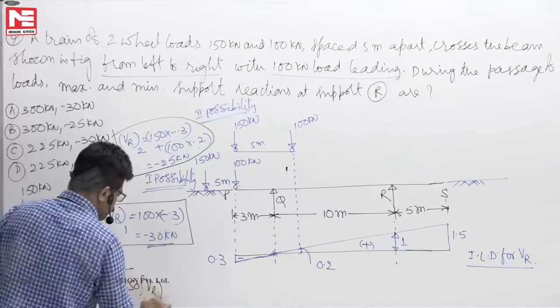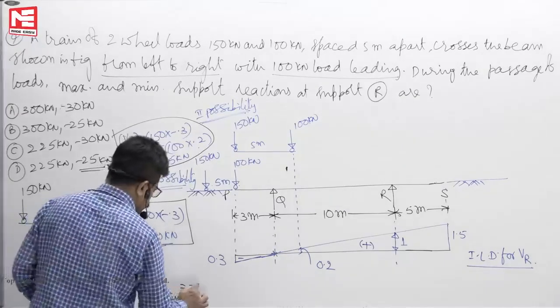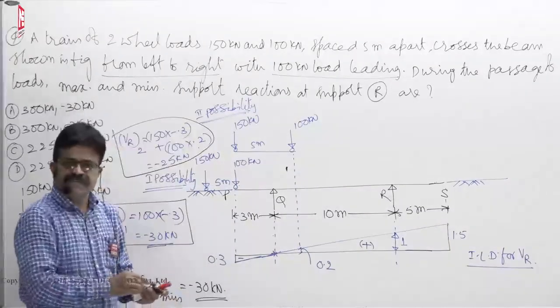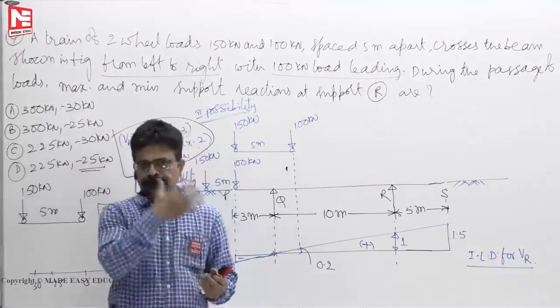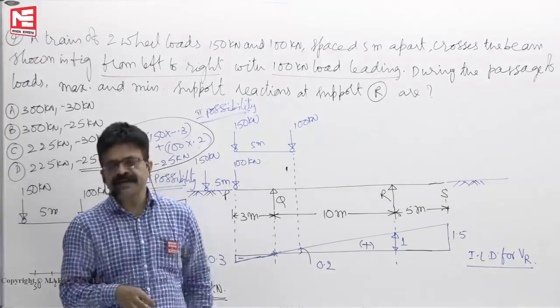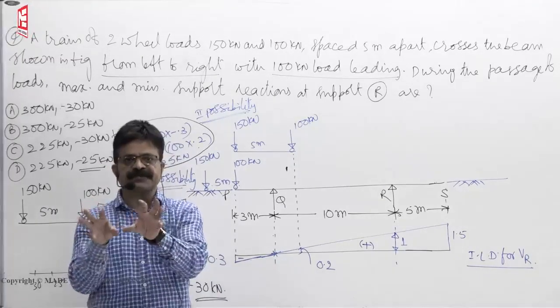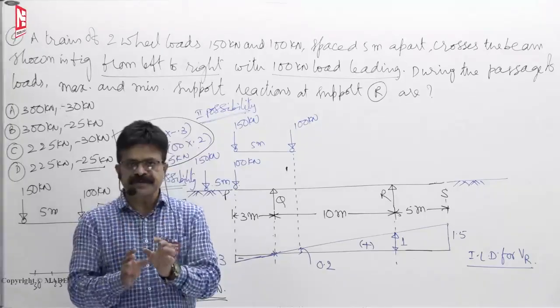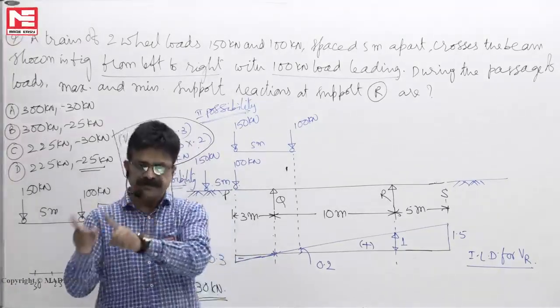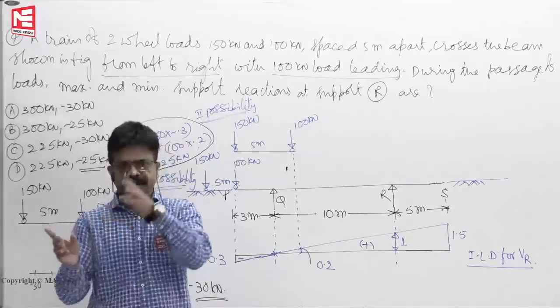So we have the minimum, minus 30. Not only here, everywhere in principal stresses, sir might have told you about maximum and minimum principal stresses. When you calculate, maximum principal stress F1 is 0, minimum principal stress F2 is minus 30. Minus 30 is minimum and maximum is 0.